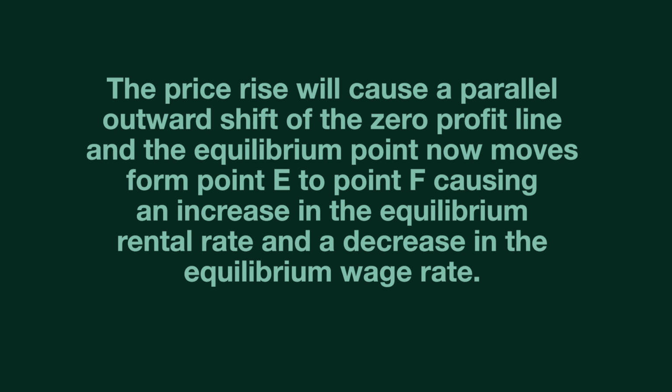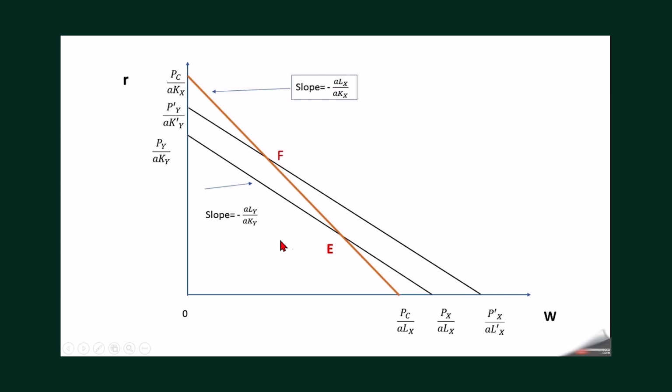Our equilibrium point where both the zero profit lines intersect moves from point E to point F. If you observe, this results in a rise in rental rate and a fall in wage rate. If you look at point E, we had higher wage and lower rental rate. And at point F, we have now lower wage and a higher rental rate.